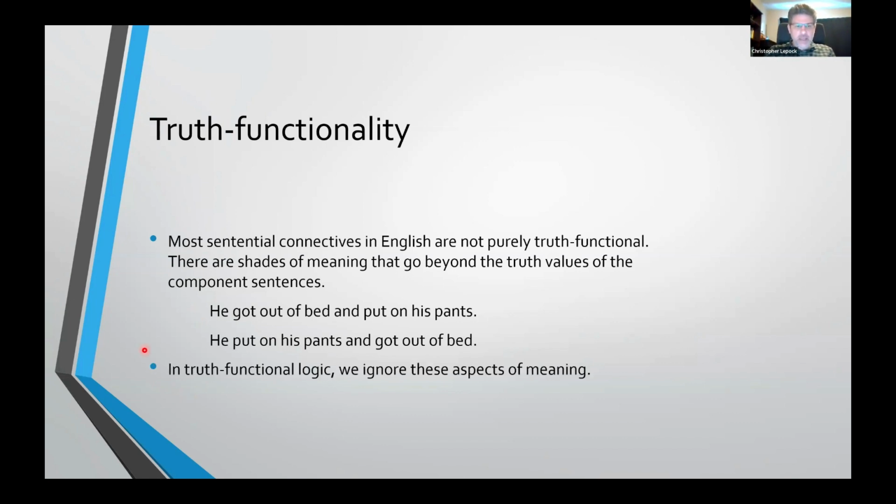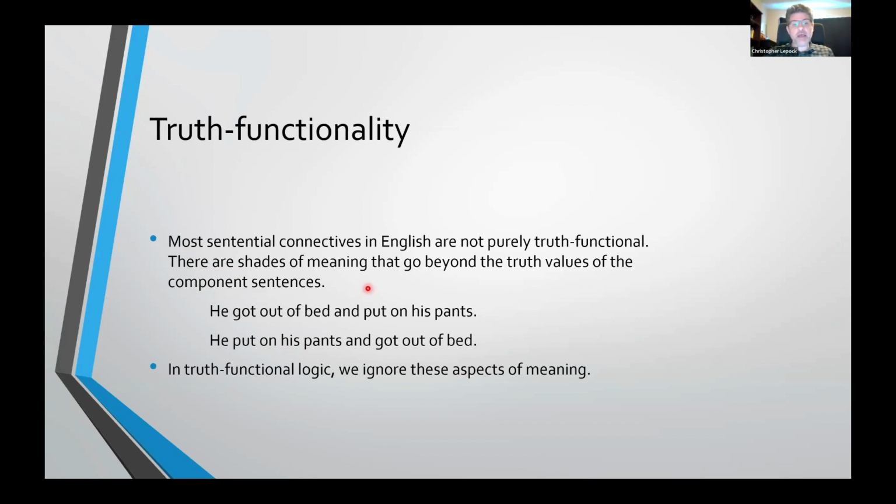These sorts of shades of meaning, in truth functional logic, we just ignore. There's a rule in English that when you present information in a temporal order, you will present the information in the order that it came in. That's what you have going on here.